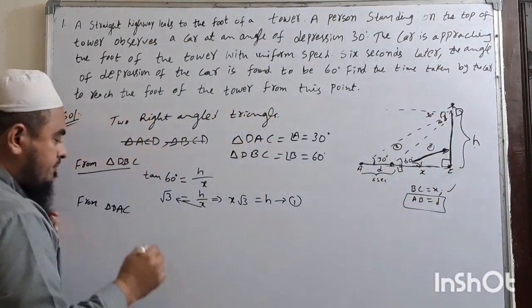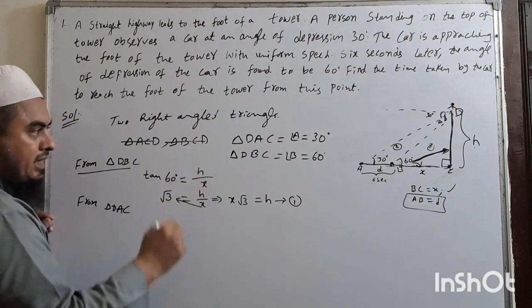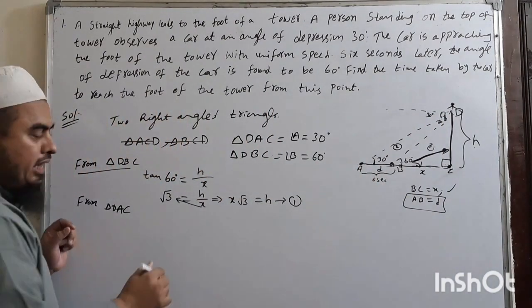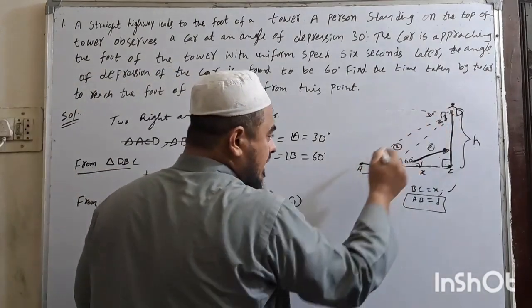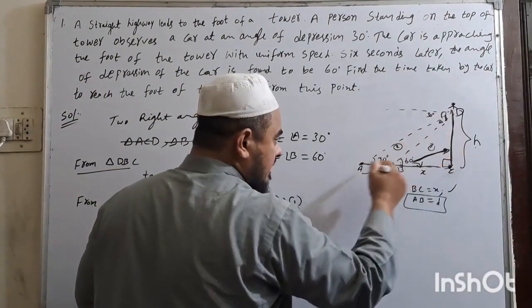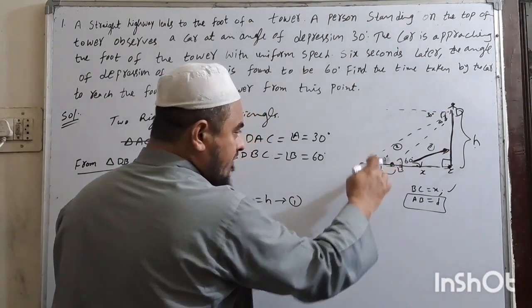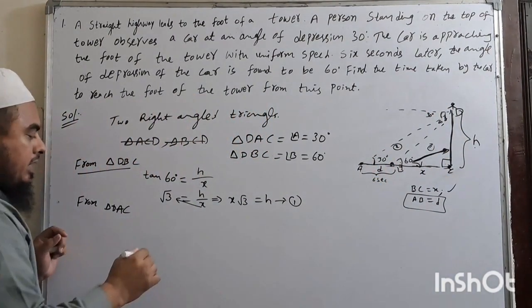In this right angle triangle DAC, we have the angle A equal to 30 degrees.